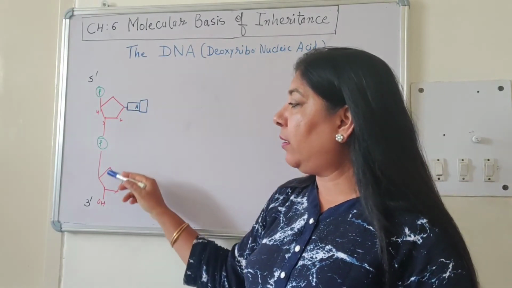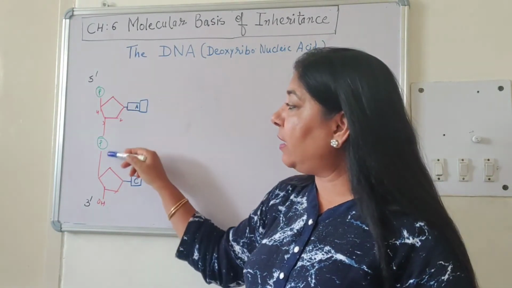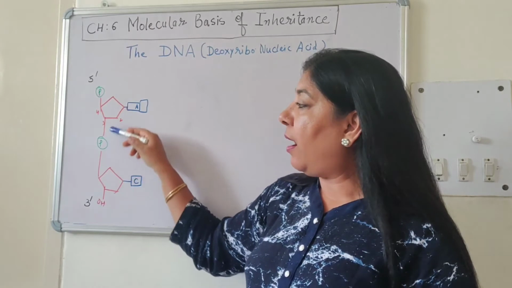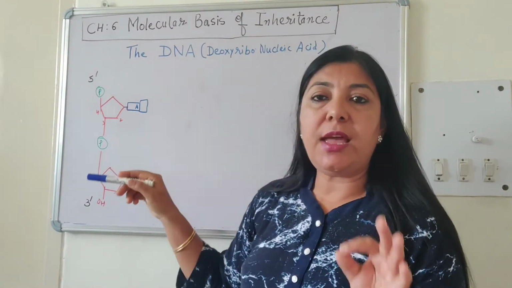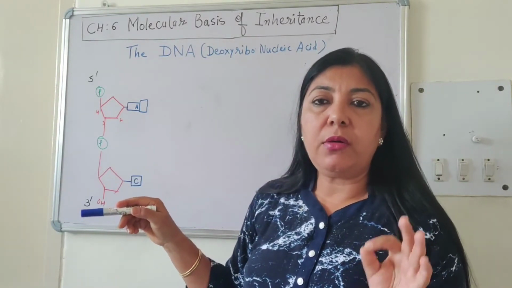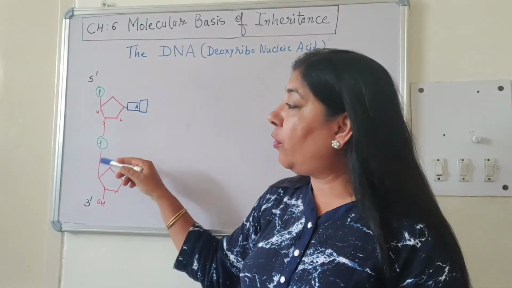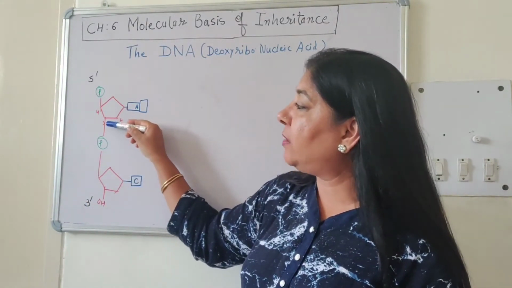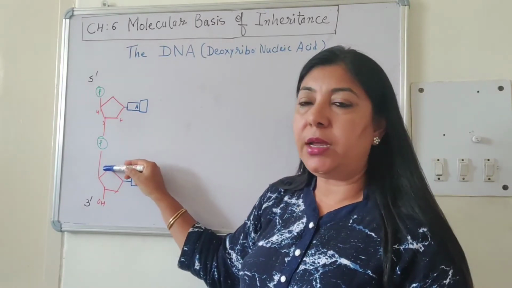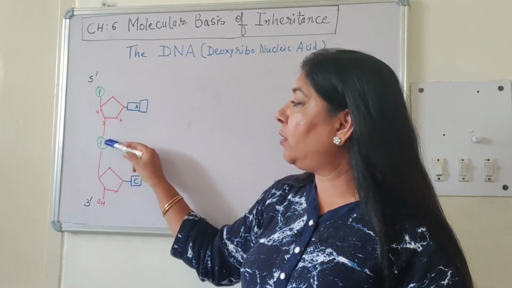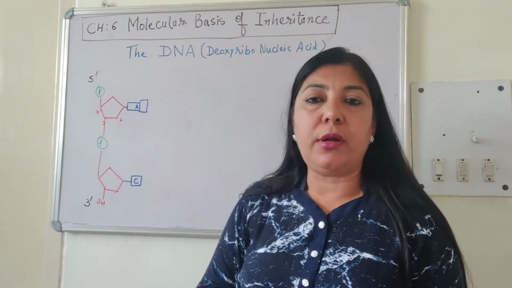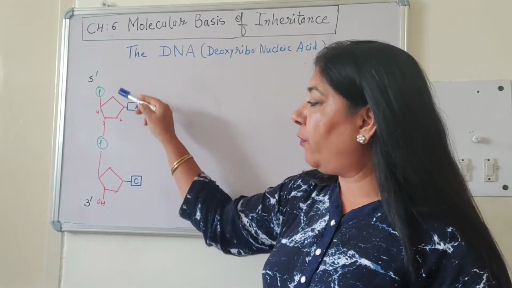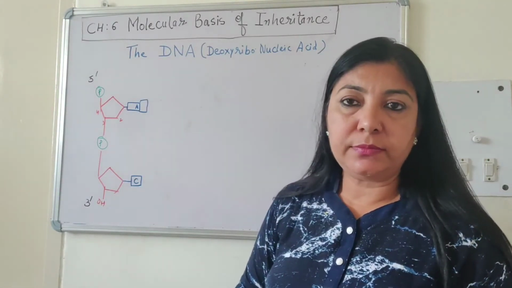Now this has become the backbone, and these are attached to each other with the help of a bond called phosphodiester bond, because the phosphate group is forming one ester bond here, one ester bond here. So it becomes a phosphodiester bond. Okay, so this forms the backbone.